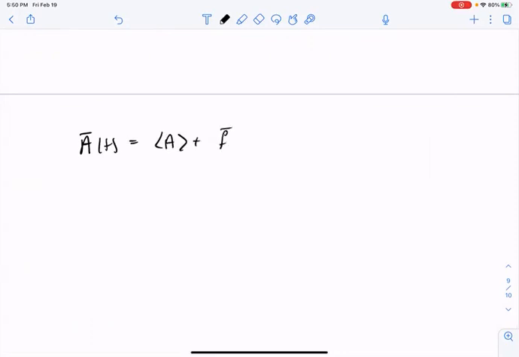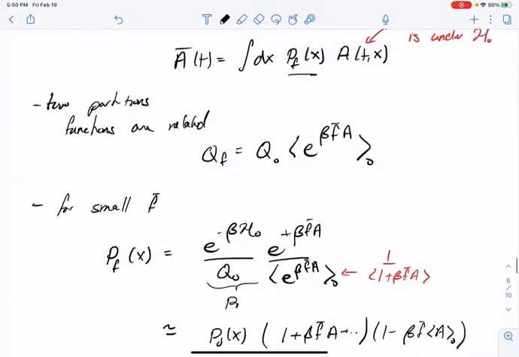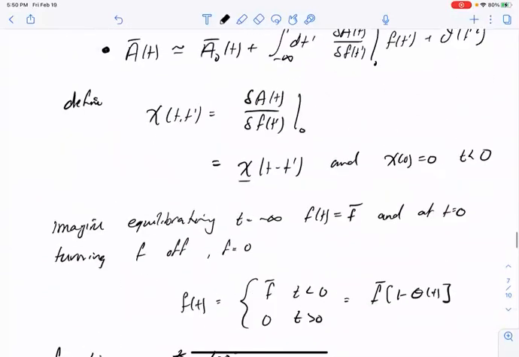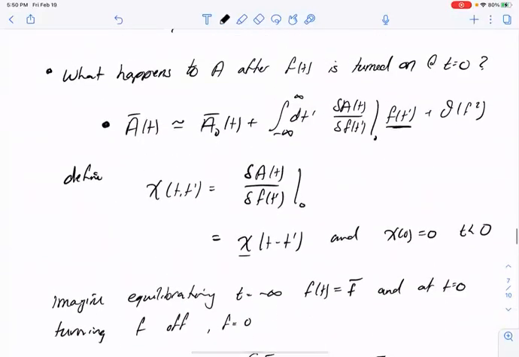plus f bar integral chi of t minus t prime times 1 minus theta. That's the perturbation. Just plug it in here. What force are we talking about? F bar times 1 minus theta.